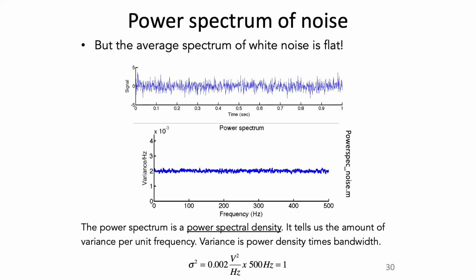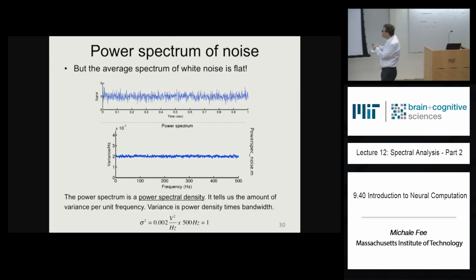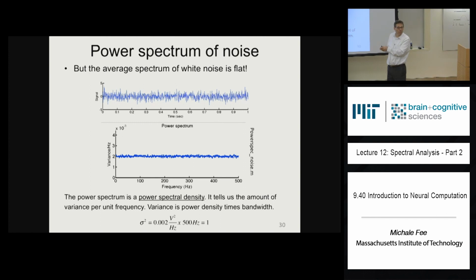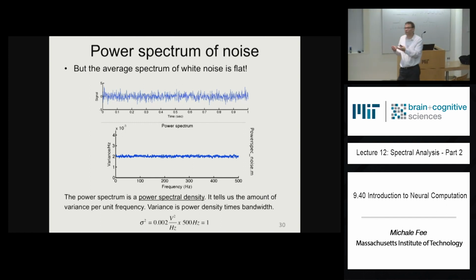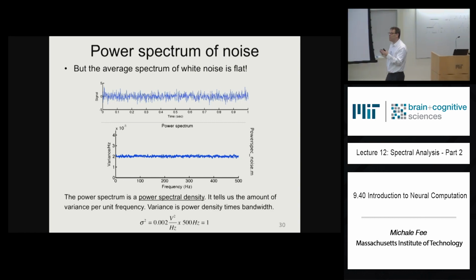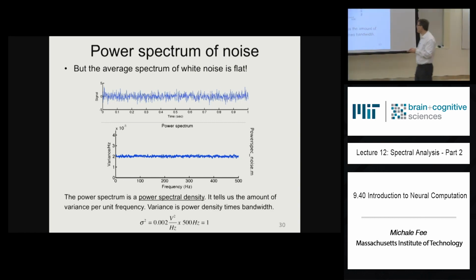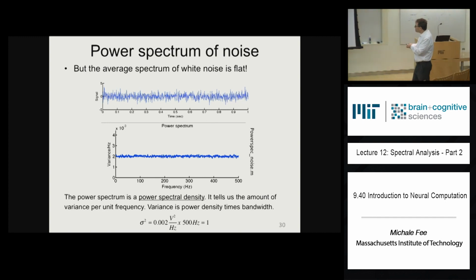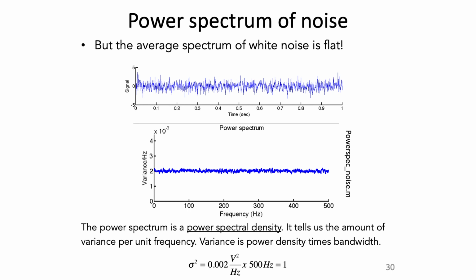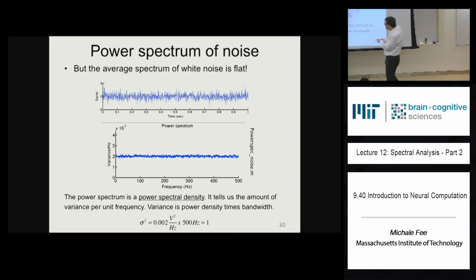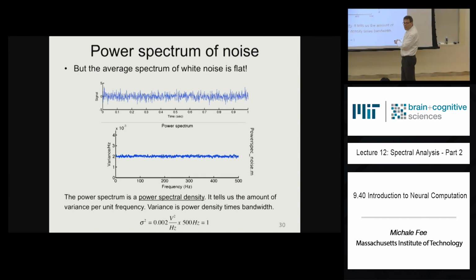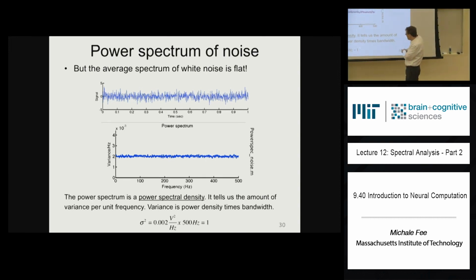And the units here are variance per unit frequency, okay? Or if it were an electrical signal going through a resistor, it would be power per unit frequency, okay? So you can see that here the value is 0.002. The bandwidth of this signal is 500 hertz. And so the variance is the variance per unit frequency times the bandwidth, and that's 1.